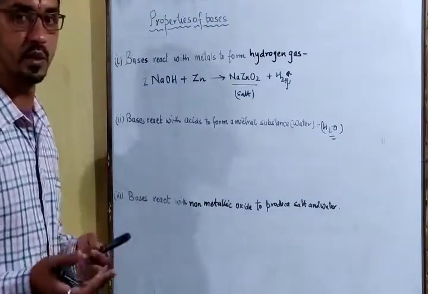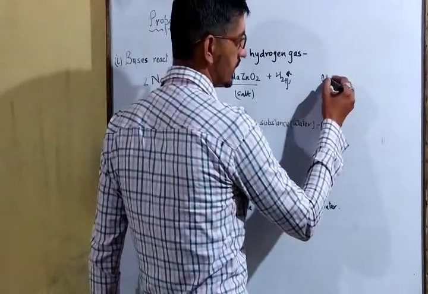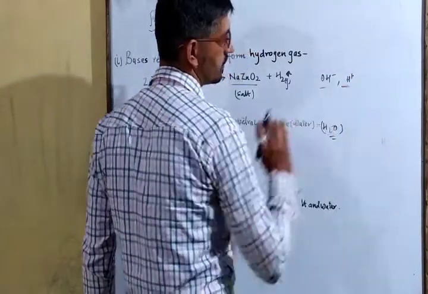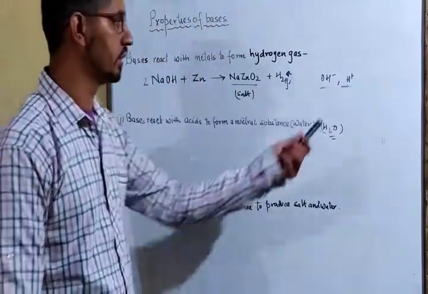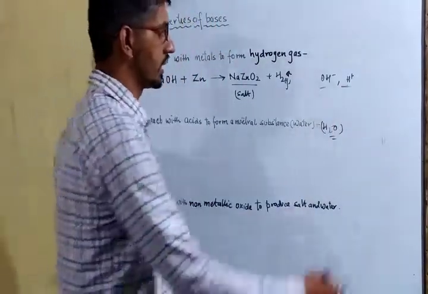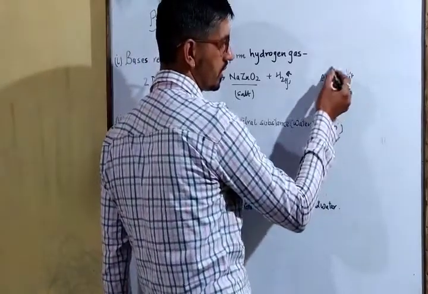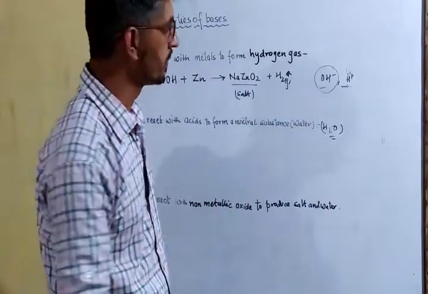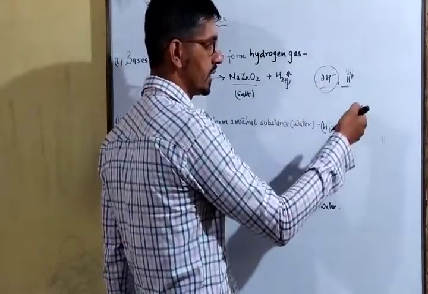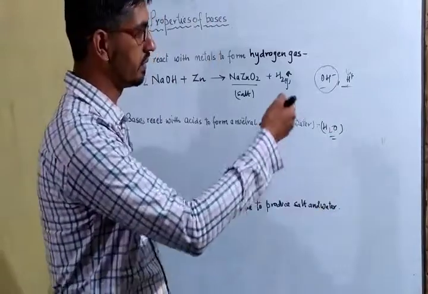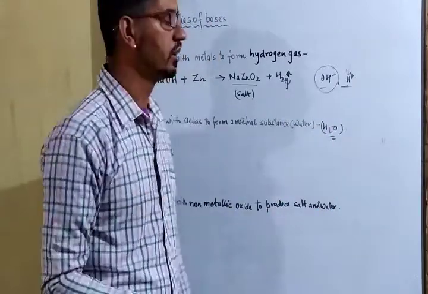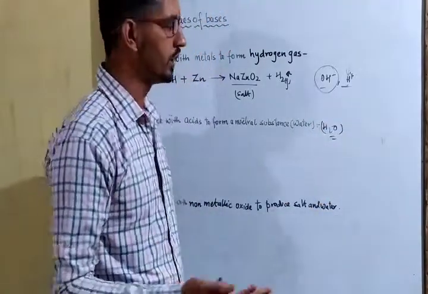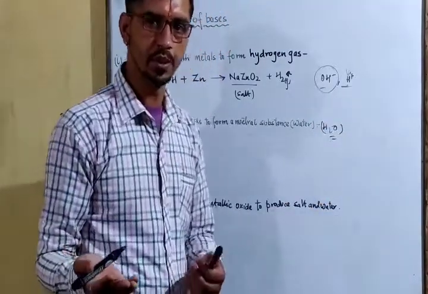Why is water neutral? Because it has the same number of hydrogen ions and OH ions. If hydrogen is more and OH is less in any water, it will be known as an acidic solution. If OH is greater than the number of hydrogen ions, it will be known as a basic solution. Very, very important: if the number is the same for both, it will be known as a neutral substance.